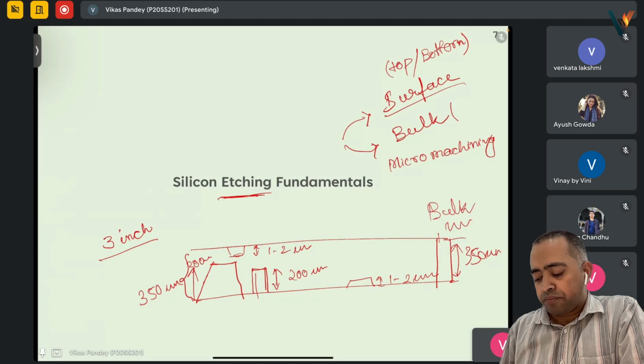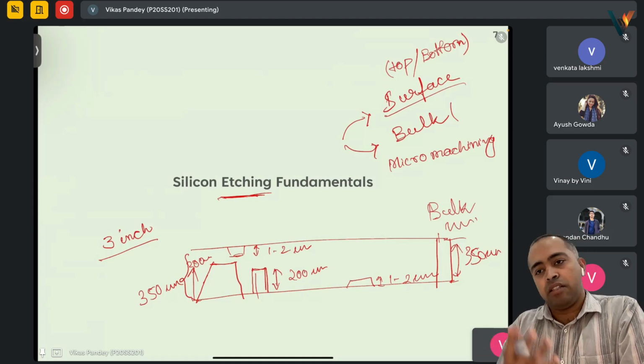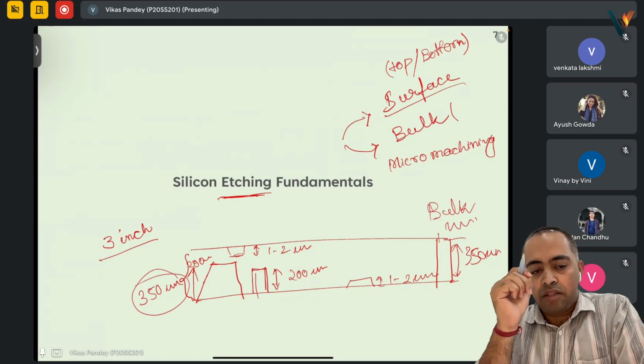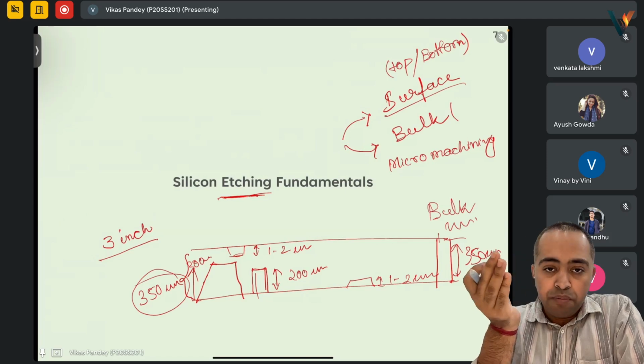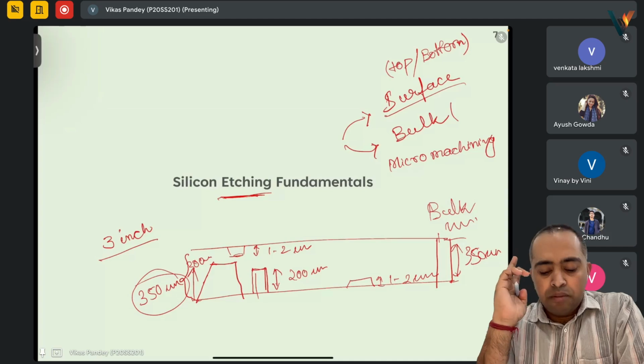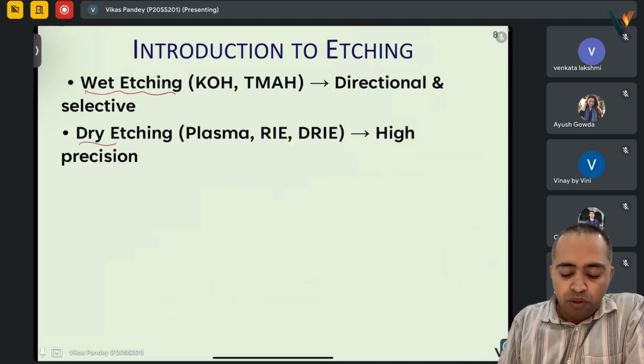Okay, so how is this done? To say it is very easy, but to deal with such thin structures, and that also with very good precision, how is this etching done? It is done by two processes. Either we can go for wet etching or dry etching.